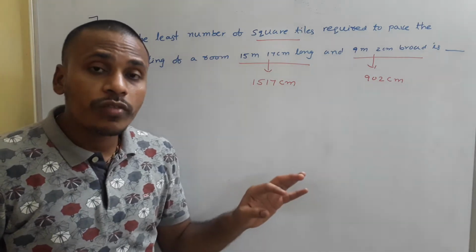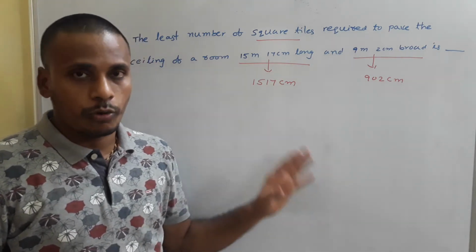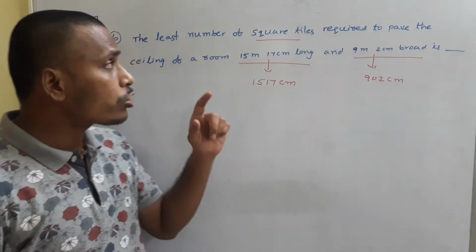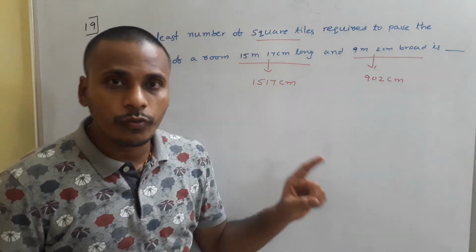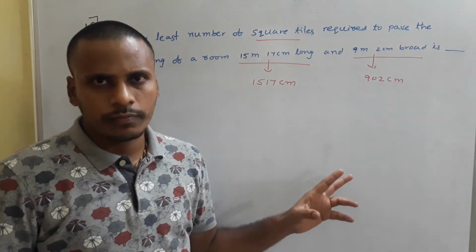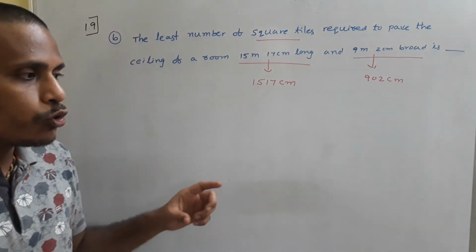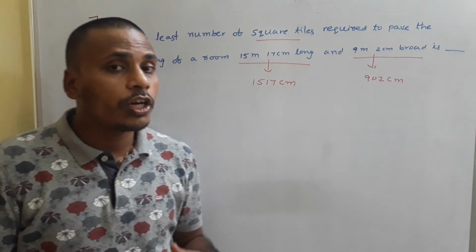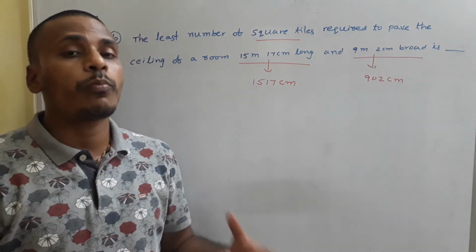The size of the square tile is not mentioned in the problem, but the question is about identifying the least number of square tiles. To use the least number of tiles, we need to use the largest possible size.